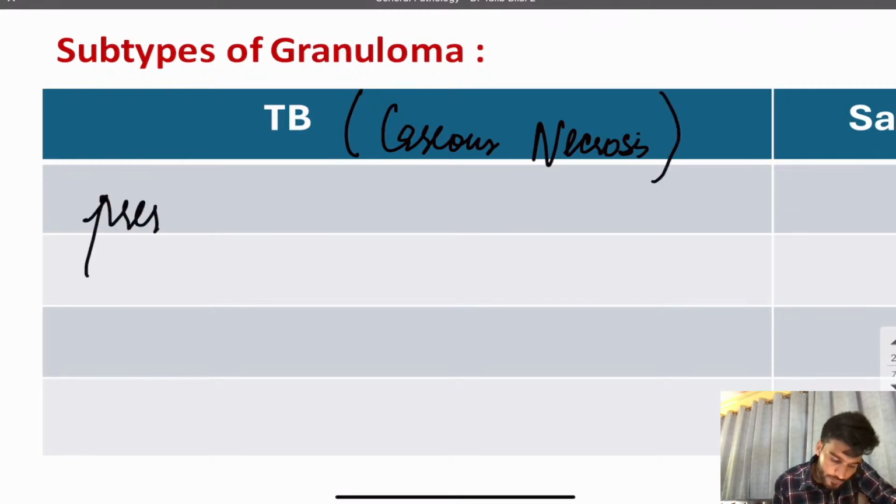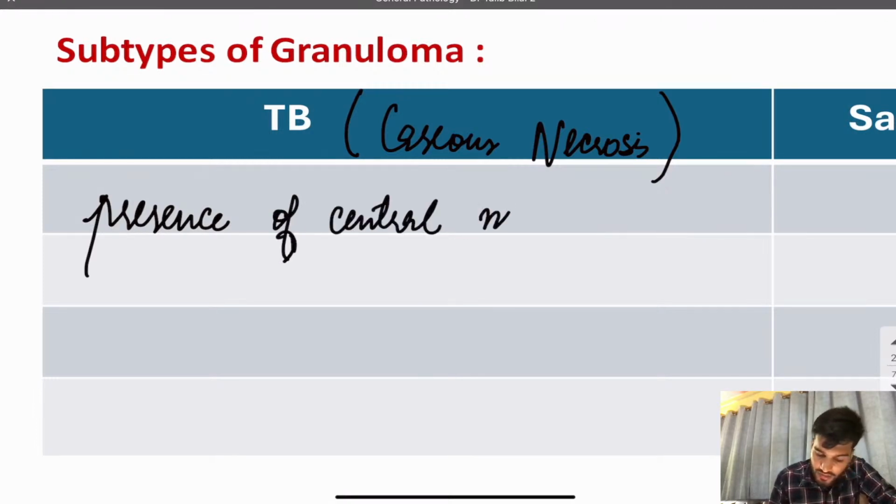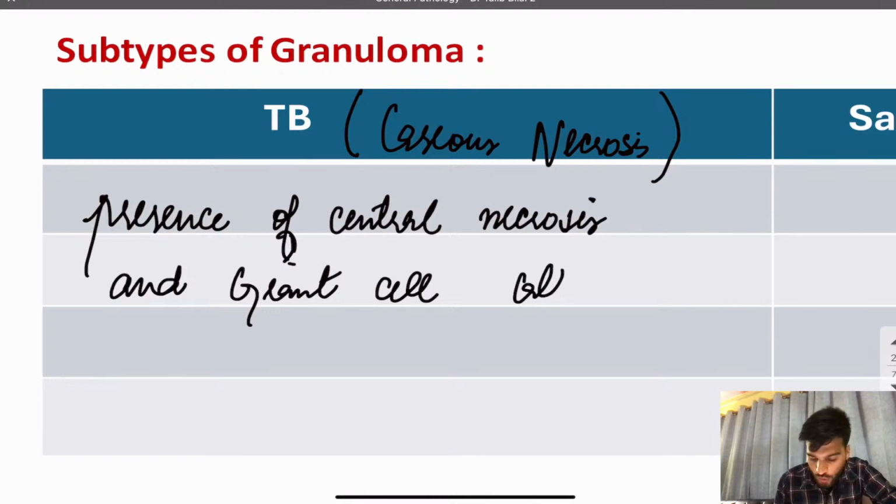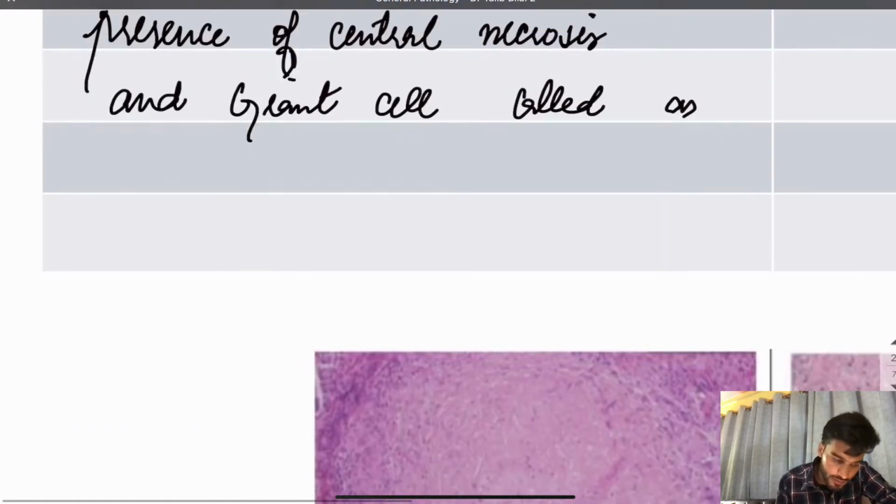There is a presence of central necrosis and giant cell. What is the giant cell of TB called, guys? The giant cell of TB is called Langhans giant cell.